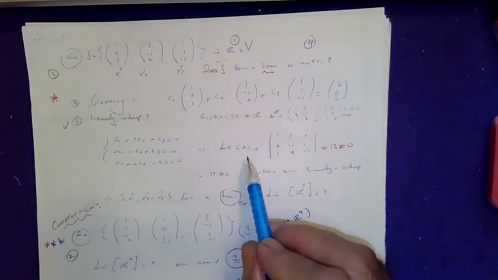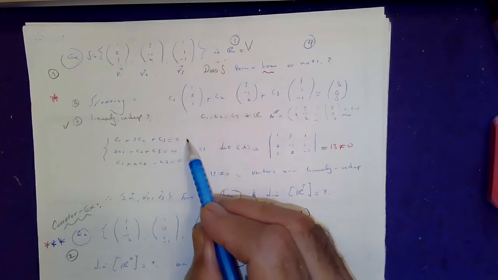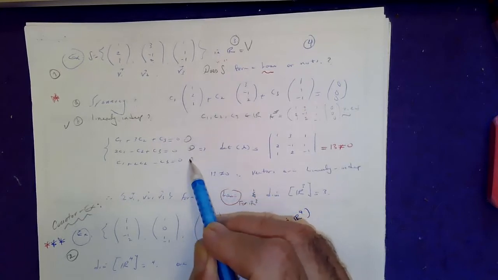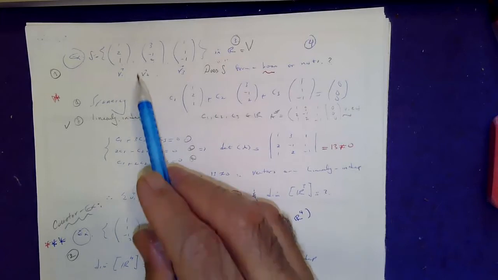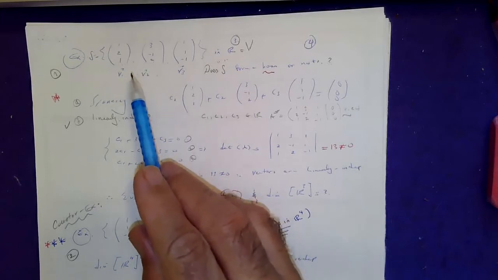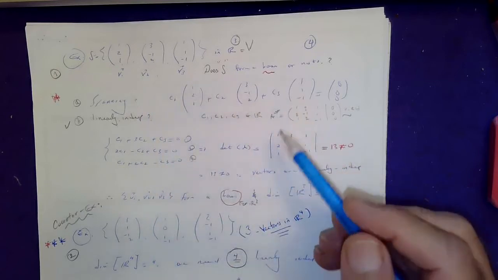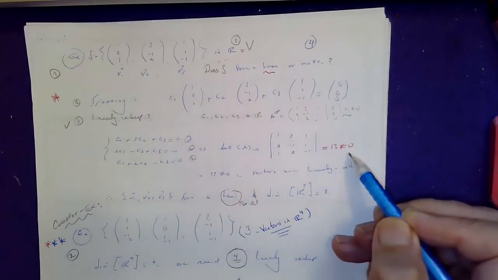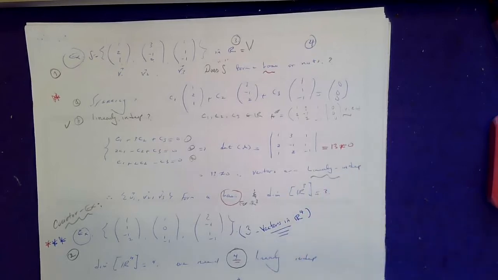Or if we know what a determinant is, because you have 3 equations and 3 unknowns, you can find the determinant of A, the coefficient matrix consisting of vectors v1, v2, v3, and see if the determinant is not equal to 0, therefore they're linearly independent.